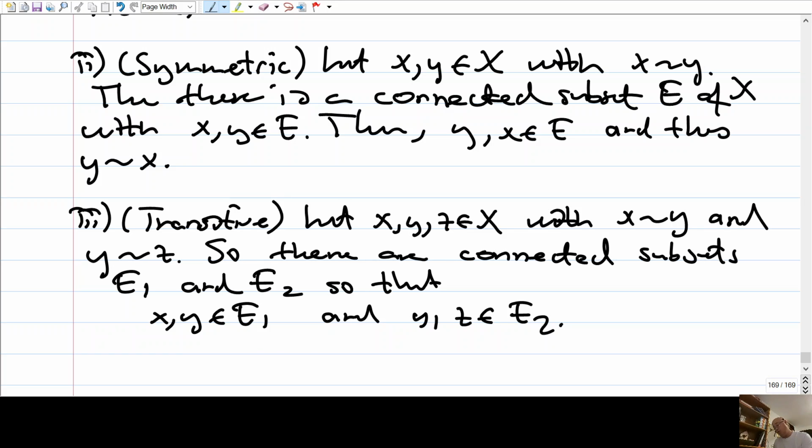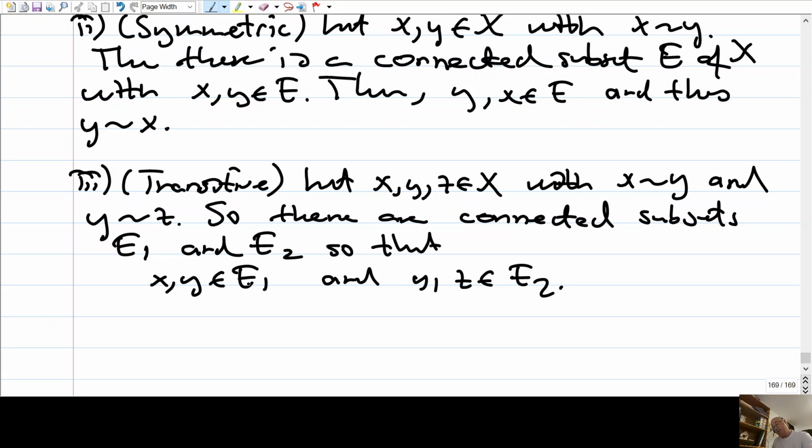So I have these two connected subsets. However, these two connected subsets have a common point, namely y, right?